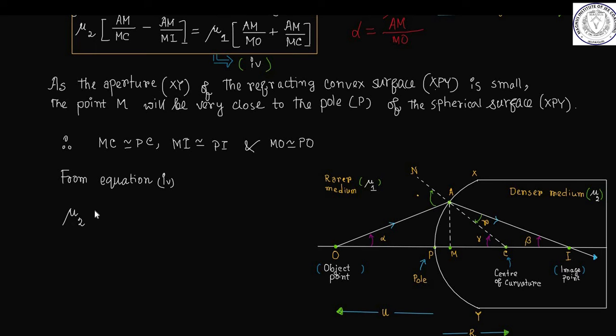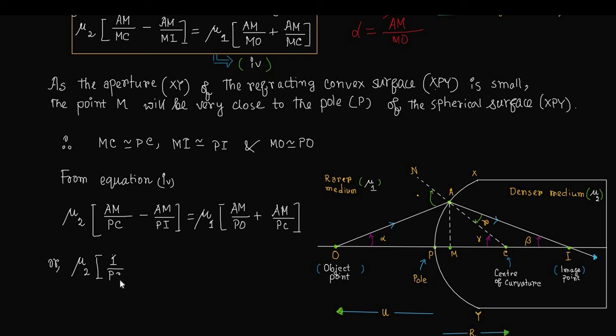From equation 4 we can write mu2 into AM divided by PC minus AM divided by PI, which will be equal to mu1 into AM divided by PO plus AM divided by PC, or mu2 under bracket 1 by PC minus 1 by PI will be equal to mu1 under bracket 1 by PO plus 1 by PC.